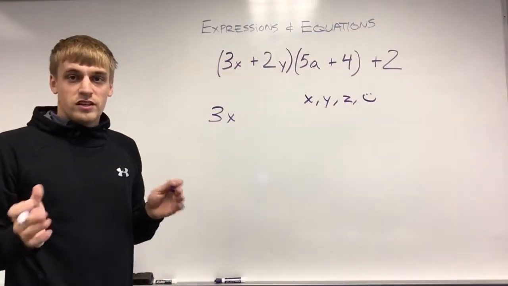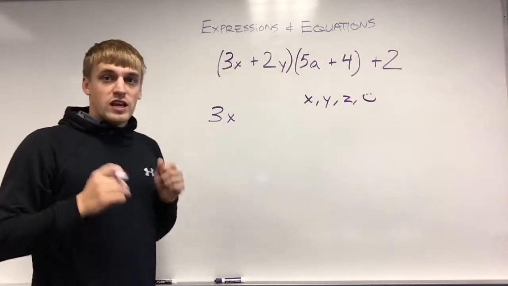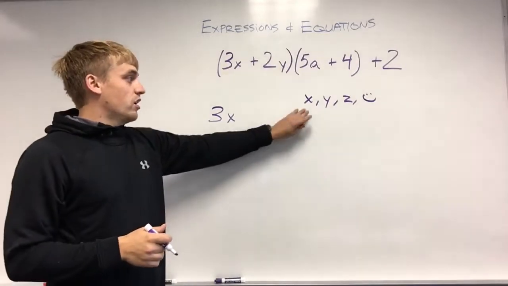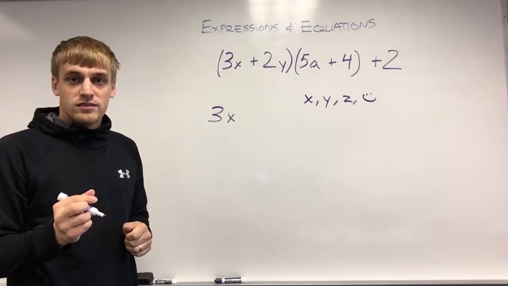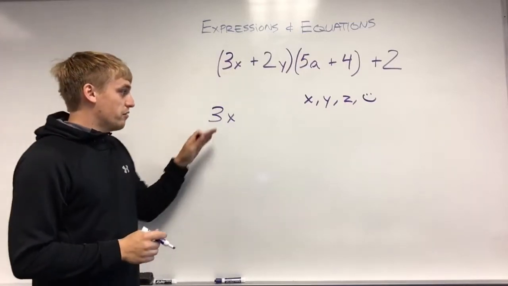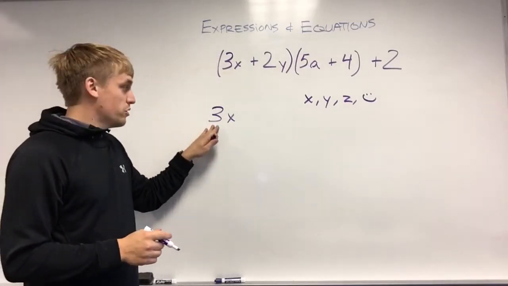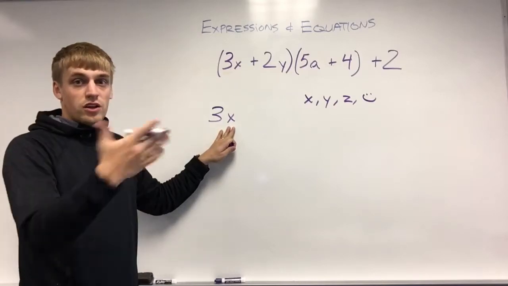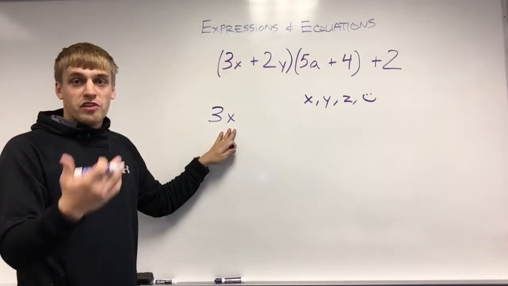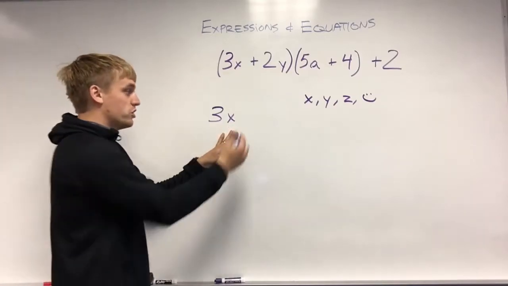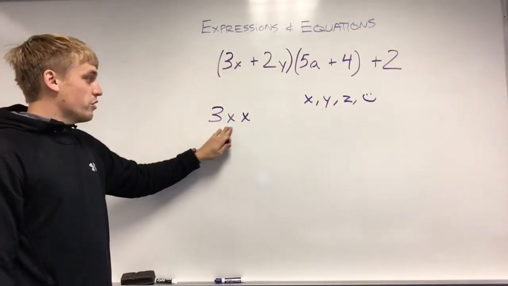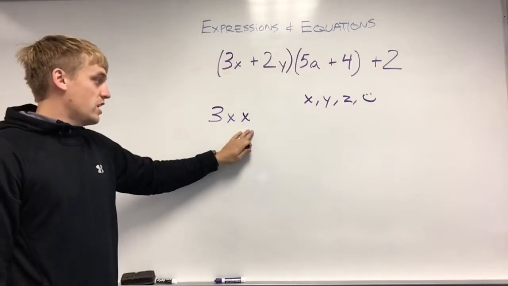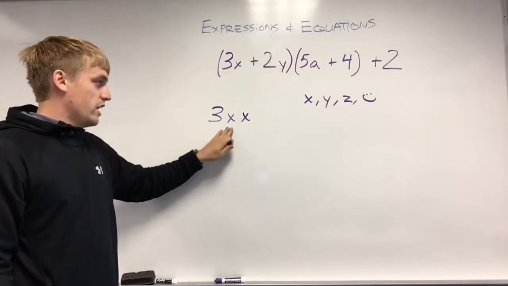Variables could be any symbol, but most commonly they are a letter, and the most common letter used is x. So if we had 3 times a number that we represent with the letter x, this looks like 3 times times, or 3xx.